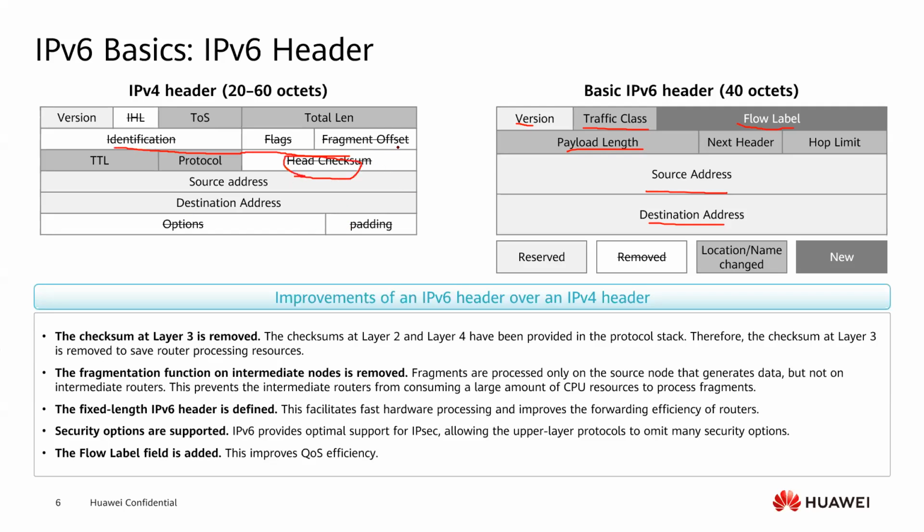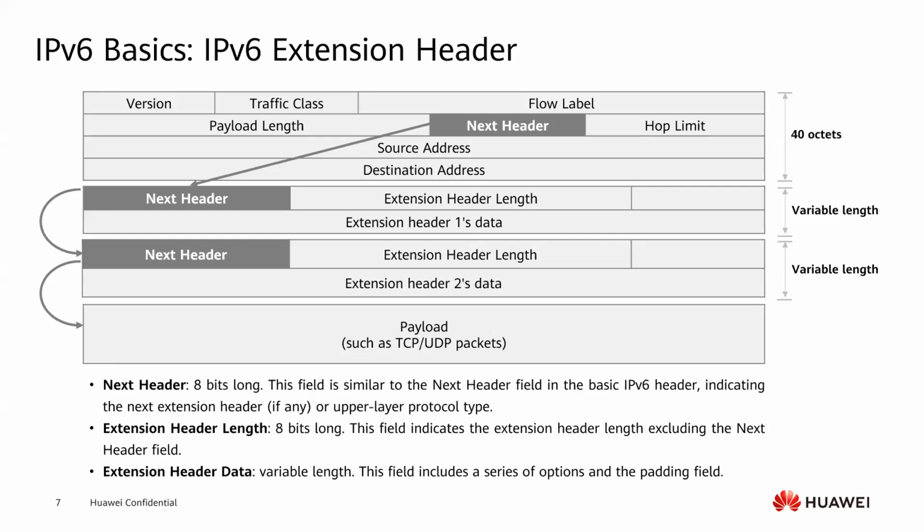For these two removed parts, you just use the IPv6 extension header to support the other extension functions such as the fragment and the authentication. So this is the difference between v6 and v4. And what is the extension header?